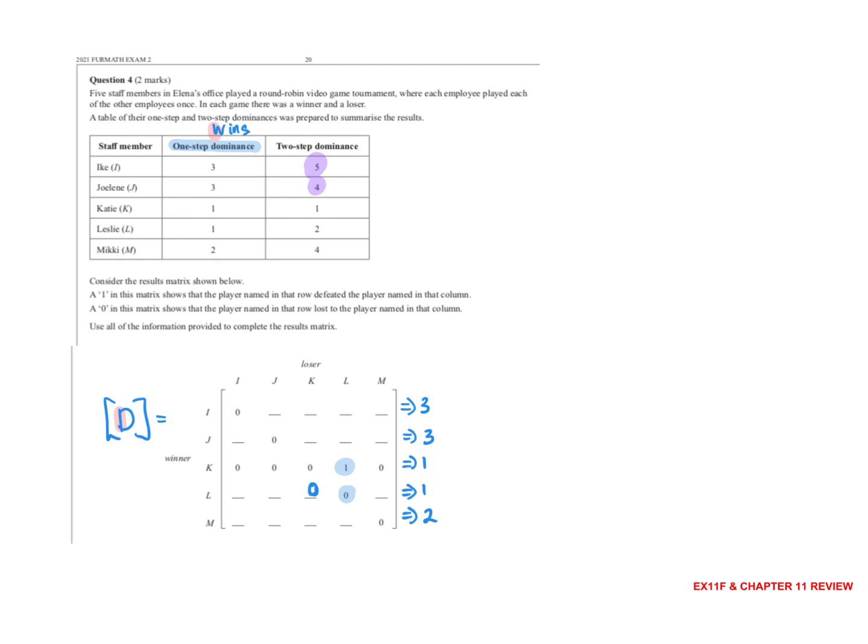So the other thing I looked at when I did this is that you have Leslie only winning one game. Okay, so Leslie's got to win one along here. So we're going to have a guess that because Ike's got a lot of two-step dominance, probably not Ike and probably not Jolene.